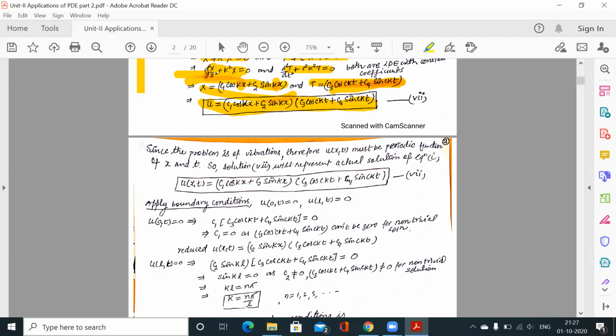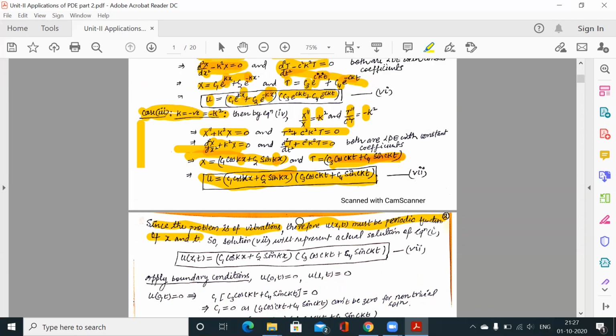If this is your string and vibrations are happening in it, the vibration would be like this, up down up down up down. So these are periodic functions. Whatever the solution is, it must contain a periodic function, because the problem is of vibrations, and therefore u(x,t) must be a periodic function of x and t. I hope you get the point.